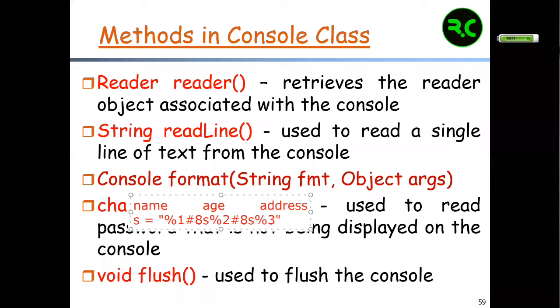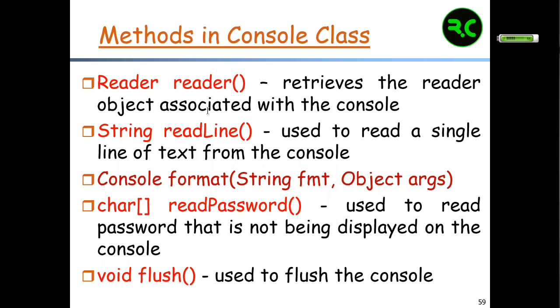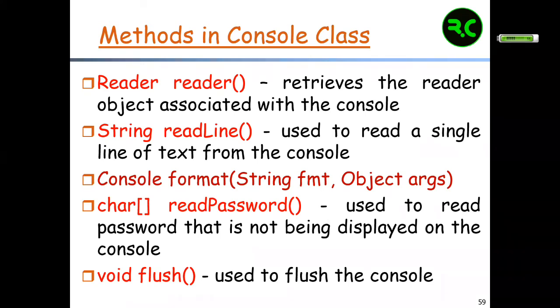So %1 is parameter 1, the name, %2 is the parameter age, %3 is the parameter address. Like this I can mention the format, and I can use that to format my output on my console. And the last method we have is the flush method, which is going to flush the console.